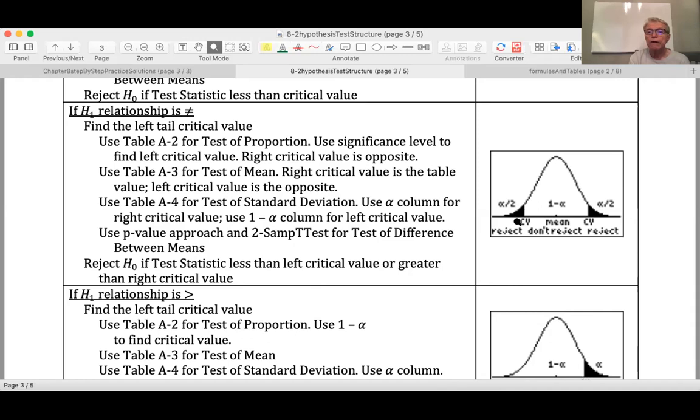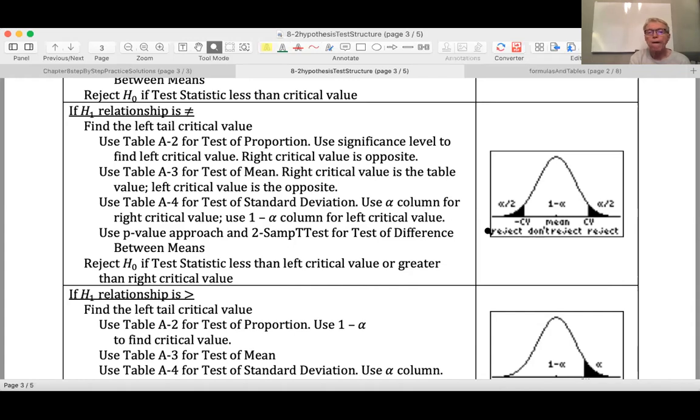These two critical values split all the possible test statistic values into those for which we will reject, which is farther from the mean than the critical value on the right, and farther from the mean than the critical value on the left.